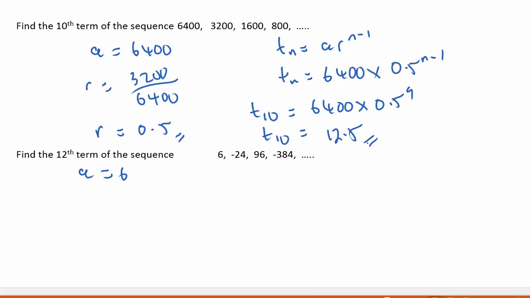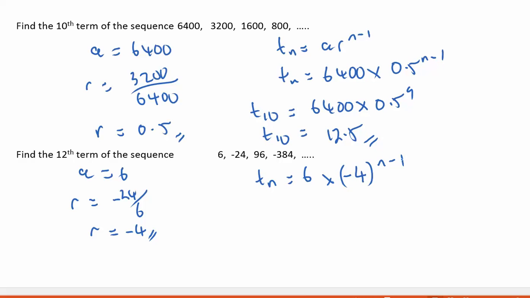Now, in the second example on this page, we go from 6 to negative 24. So my common ratio is negative 4, and my first term is 6. To show that it is all to the power, we put brackets around it.